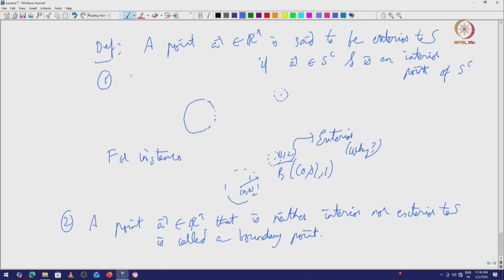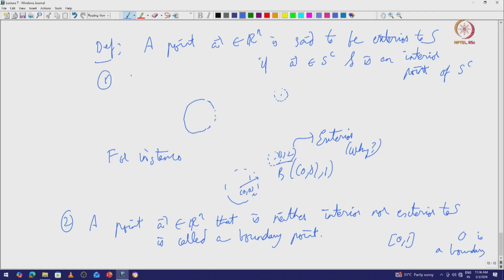If I take any ball around this point, it contains points from both within S and from outside of S. So for example, 0 is a boundary point. Why is it a boundary point?